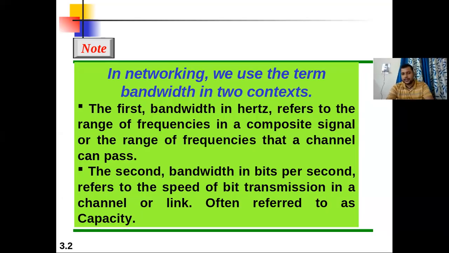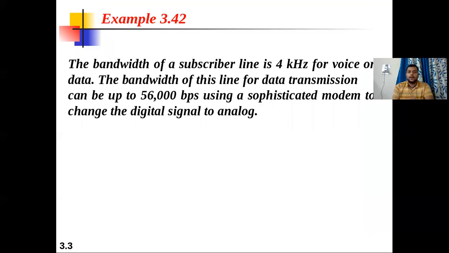So in two contexts I've explained, one is the analog context, another is the digital context. Then we will understand, suppose there is a subscriber line. Subscriber line means a telephonic line, which is nothing but a copper wire, is 4 kilohertz. How you calculate the frequency bandwidth is highest frequency minus lowest frequency that the medium can withstand. The difference is 4 kilohertz for voice or data.